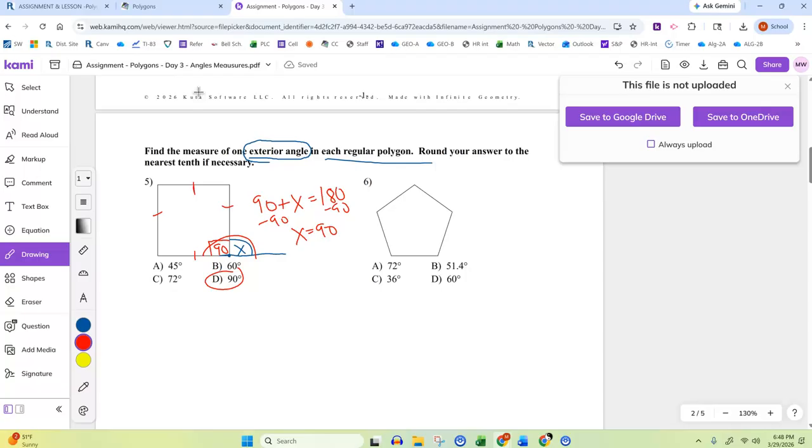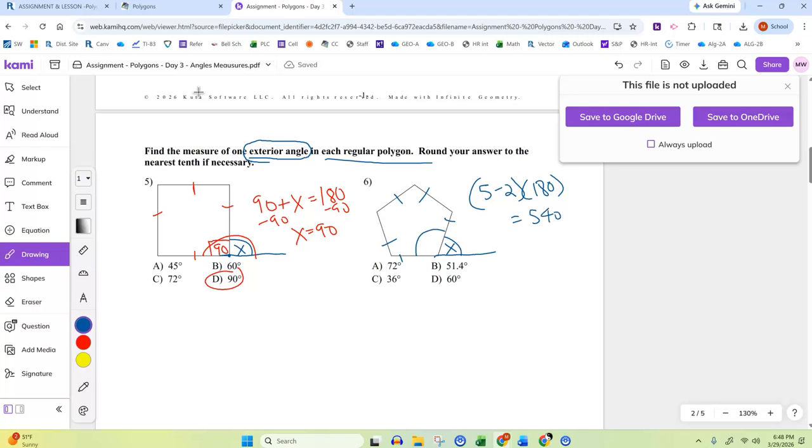Okay? All right, so again, whenever we have this, we're going to go like this. So this is what we're looking for, right? X, what does that equal? Well, what do we know the interior angle is over here? Well, we could go, let's see, 1, 2, 3, 4, 5. 5 minus 2 times 180 equals 540.